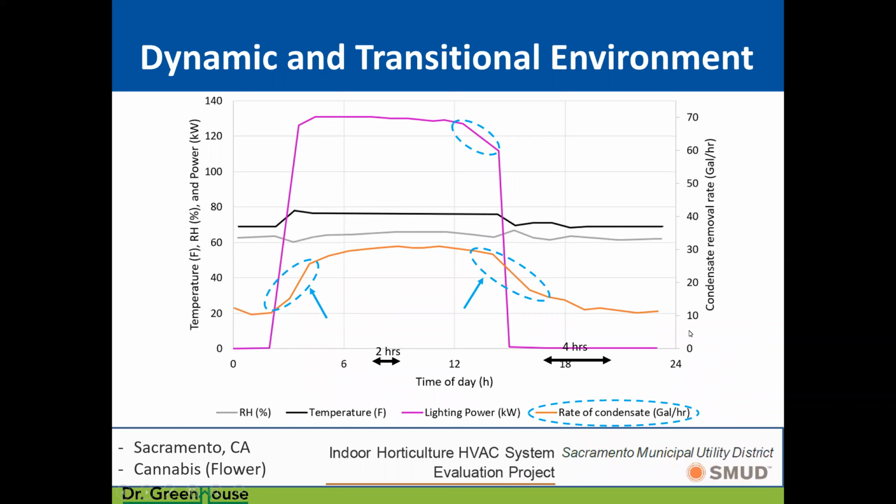This dynamic and transitional environment also affects our air conditioning equipment, which, depending on how it's sized and where it's located, can't keep up with the rapid change. Lights turn on. Okay, here I go, I'm gonna condense some water. And then finally, okay, I got a steady state. Then the lights turn off and you checkerboarded and you turn it off, sort of gradually.